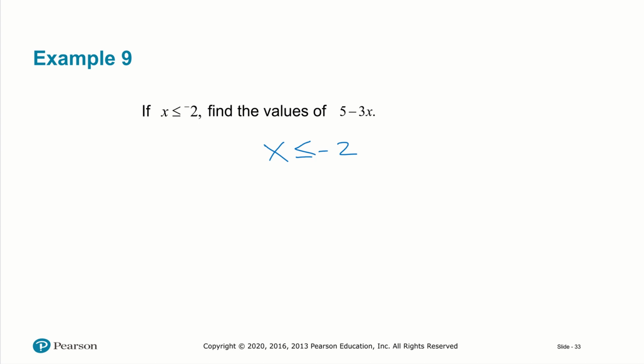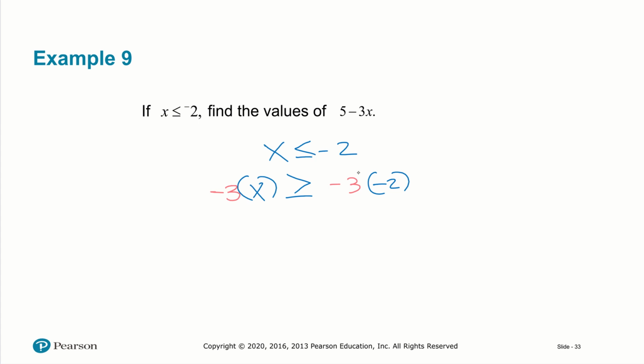So we're going to multiply both sides by -3. So what do we need to do the instant we do that? As soon as we multiply both sides of an inequality by a negative number, we need to switch the direction, right?